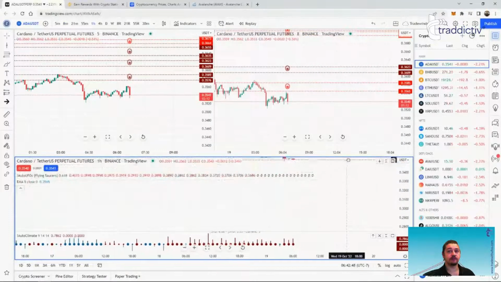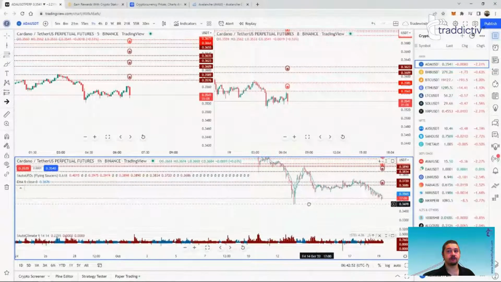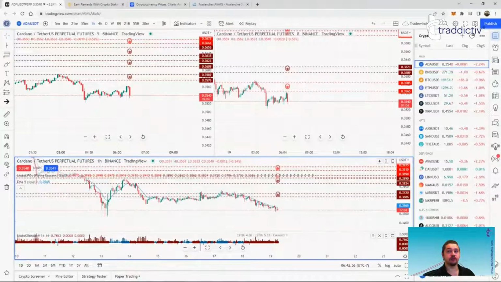What do we have down below? We don't have anything down below, really. Wow. Okay. All right. So for Cardano, we're on the 3rd hour down out of typically 6. So that means we have 3 more hours to go before we need to get out of this trade.